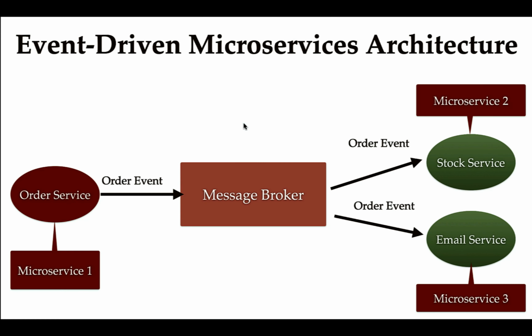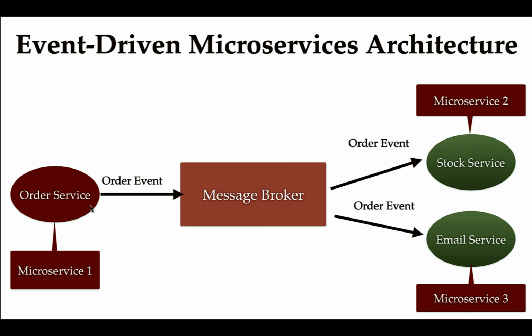We'll take a look at how event-driven microservice architecture works. In an event-driven microservice architecture, we create multiple microservices and we use a message broker as a messaging system for asynchronous communication between them. For example, we have order service as microservice 1, stock service as microservice 2, and email service as microservice 3.